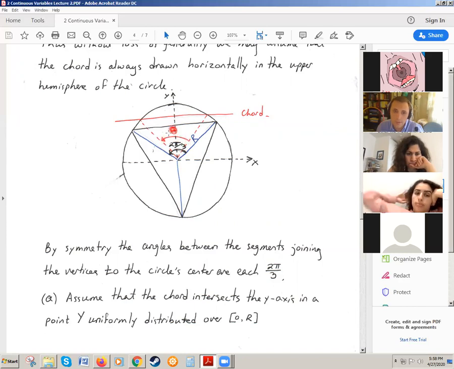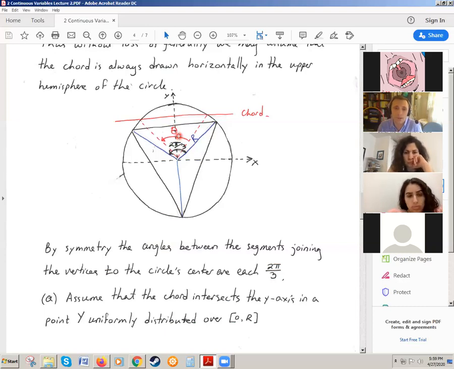So this theta varies from what value to what value? Yes, brilliant. It's from 0 to, well, not 120, careful. From 0 to pi, yes.